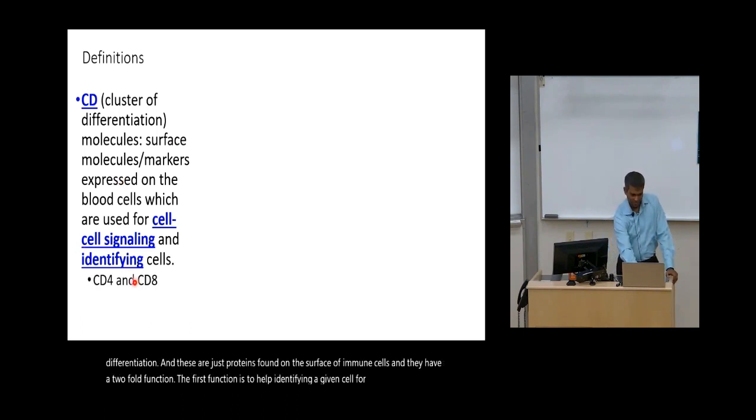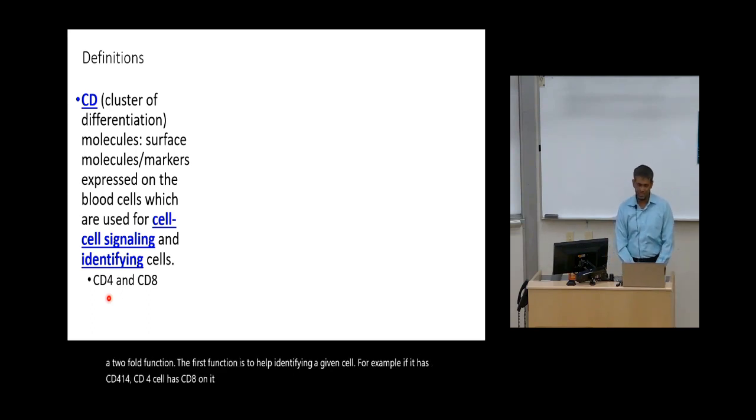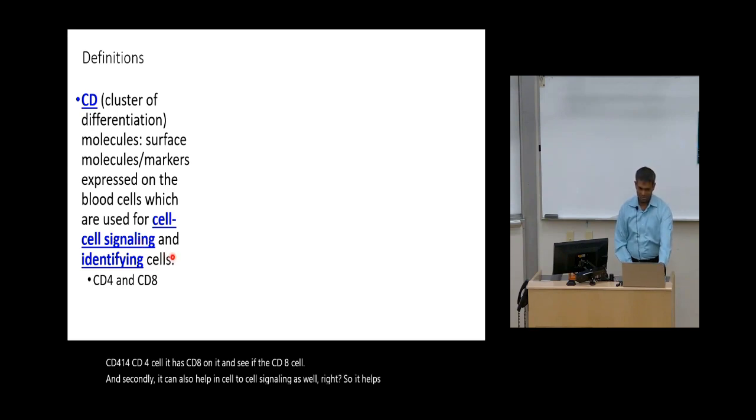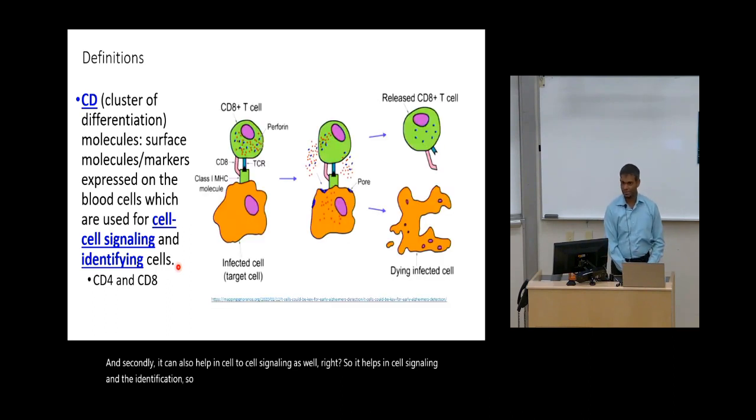For example, if it has CD4 protein on it, you say it's a CD4 cell. If it has CD8 on it, you'll say it's a CD8 cell. And secondly, it can also help in cell-to-cell signaling as well, right? So it helps in cell signaling and in the identification. So here's the quick example of how there can be cell identification and cell signaling as well.